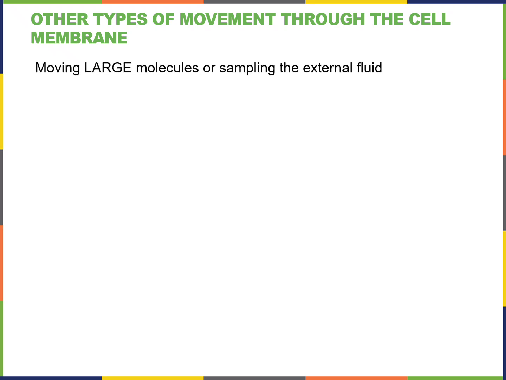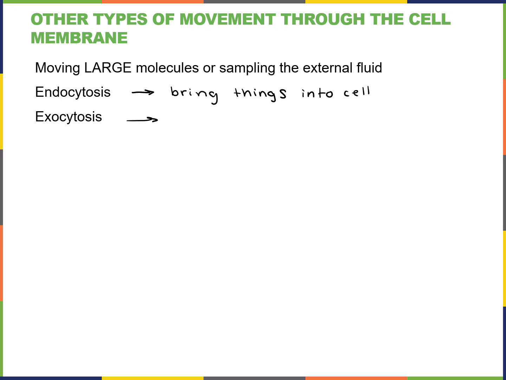Other types of movement through the cell, when we have to move large molecules or any of the external fluid, we do a process called either endocytosis or exocytosis. There's a couple of different types of endocytosis.